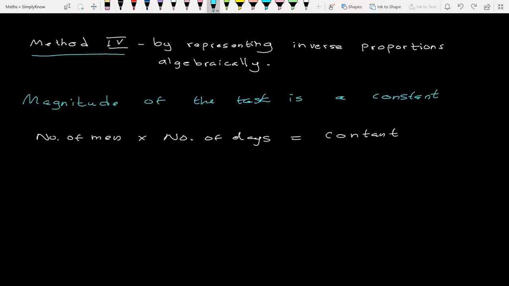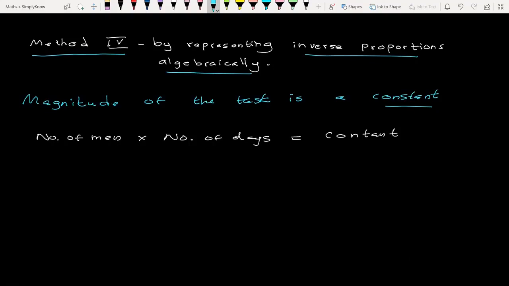Fourth method is we try to represent the inverse proportion algebraically. So remember, the magnitude of the task is a constant. This means number of days taken by one man to complete the task is a constant. It's a fixed value.